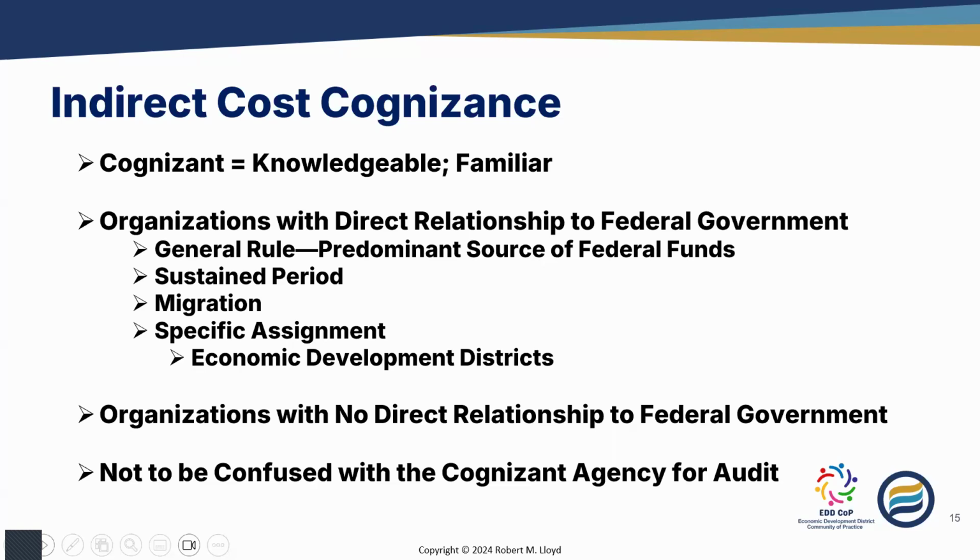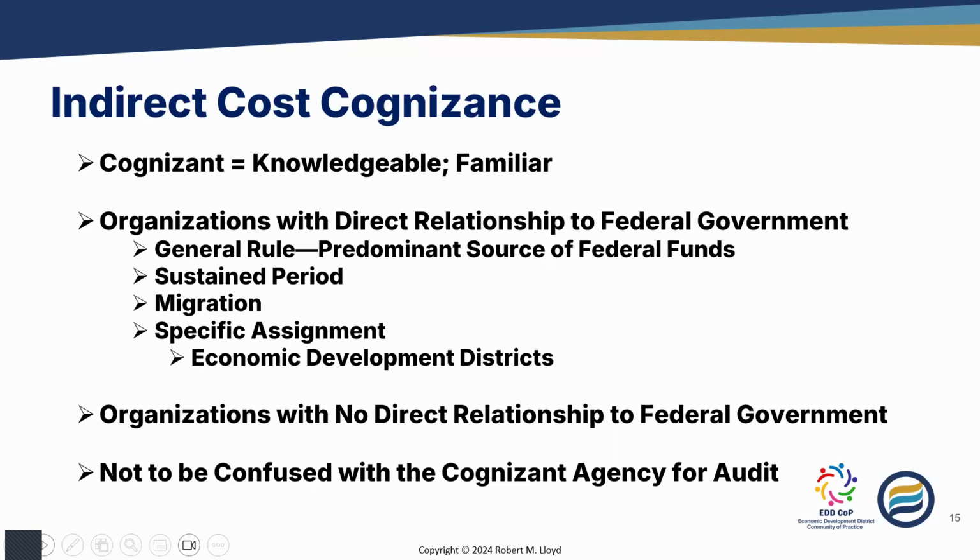In putting together a central service cost allocation plan, the organization is identifying all of the indirect costs that relate to its charging practices and assigning those indirect costs to the operational units within their organization. The indirect cost rate proposal is a derivative of that narrative discussion.